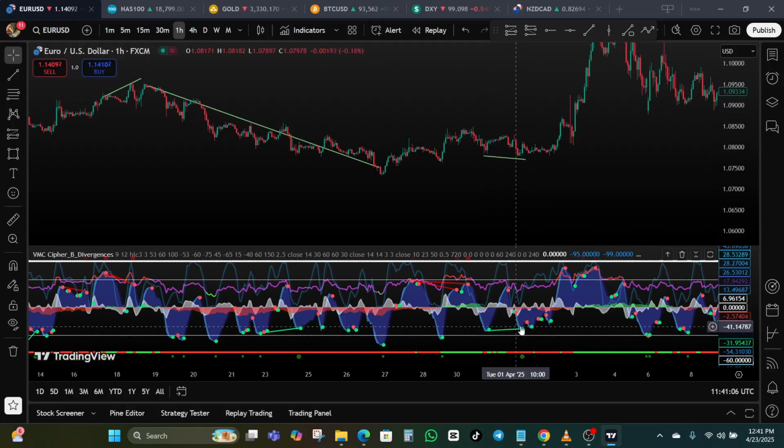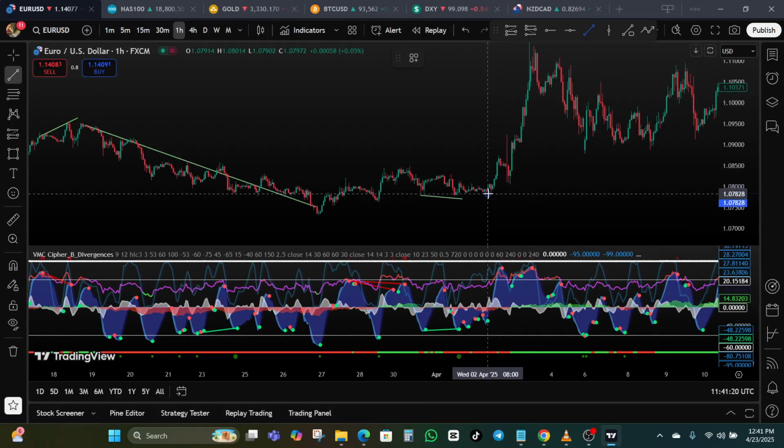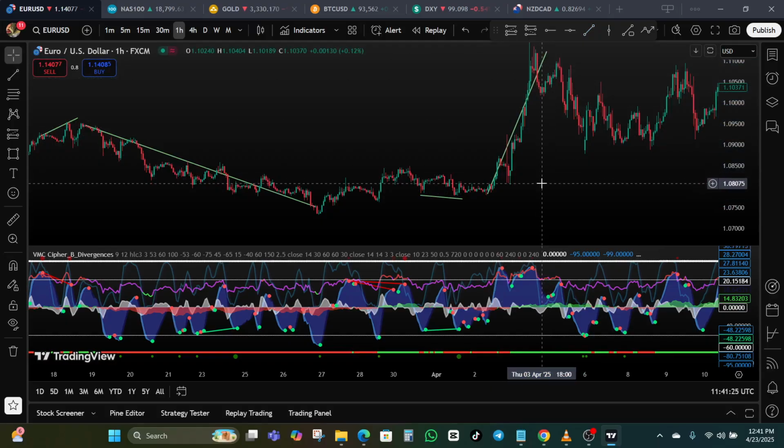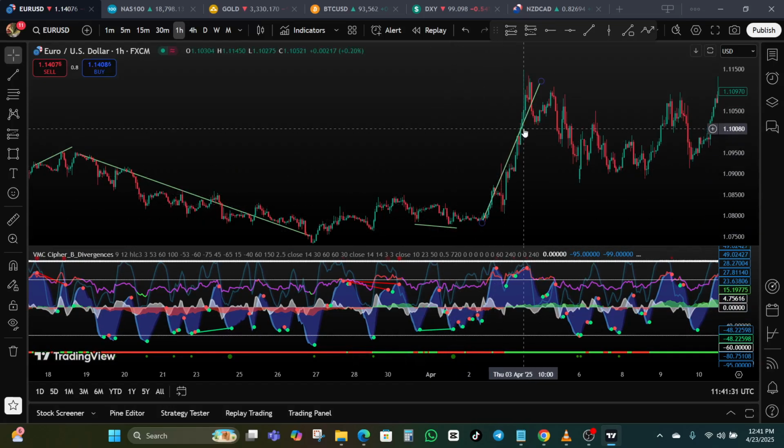So this signals that sellers are losing control, and a bullish reversal is likely about to happen. And that is exactly what we can see on the chart. After the divergence signal was confirmed, a bullish reversal eventually took place.